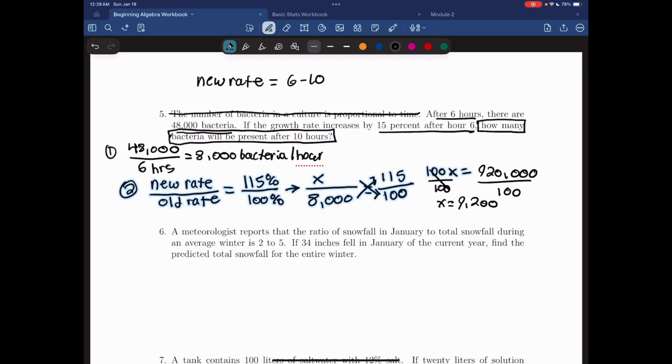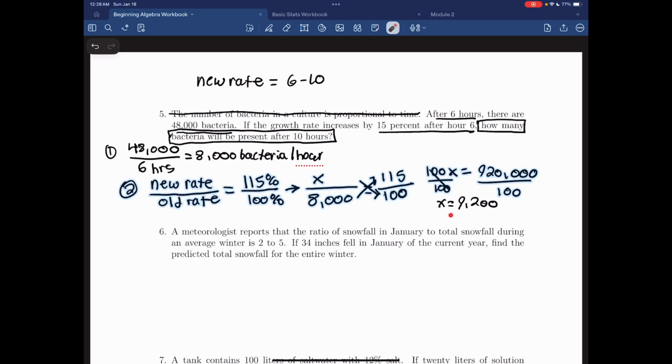Now, what does this mean? Well, recall earlier, I mentioned that x needs to be the new rate because we know the old rate, but in order to answer the question of how much bacteria will be present after 10 hours, we need to figure out this new rate so we can add this total bacteria from the first 6 hours.